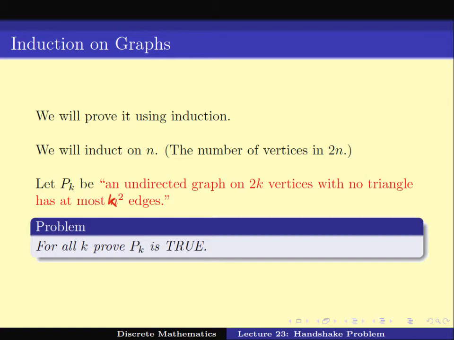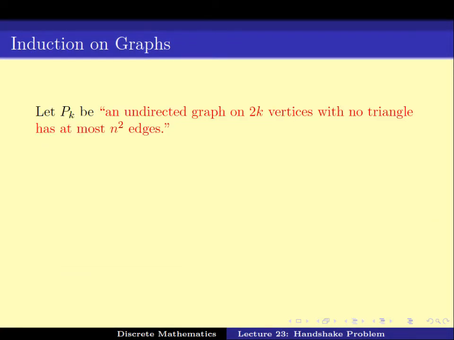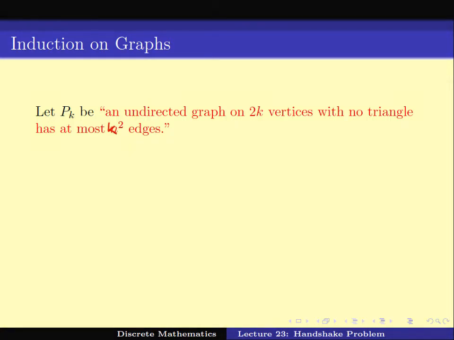So back to our induction basics. We have to prove it using the three steps, namely base case, induction hypothesis and inductive step. So again here is the Pk and the steps to be done. Of course, for the base case, we have to prove it for n equals 1. Then we have an induction hypothesis.